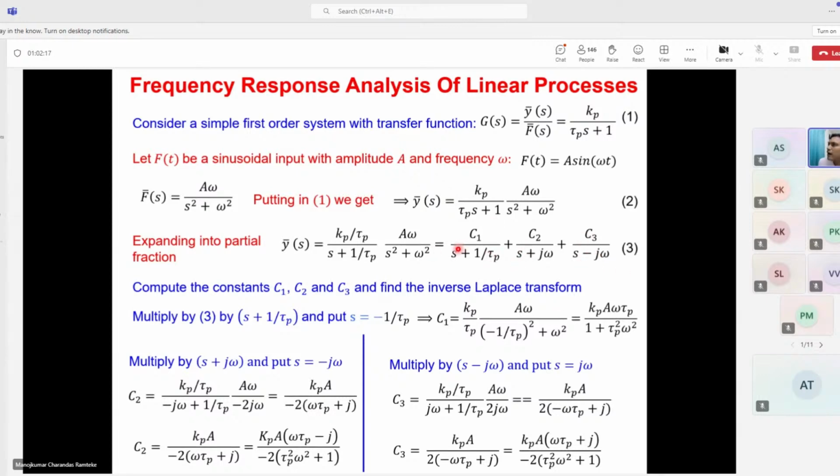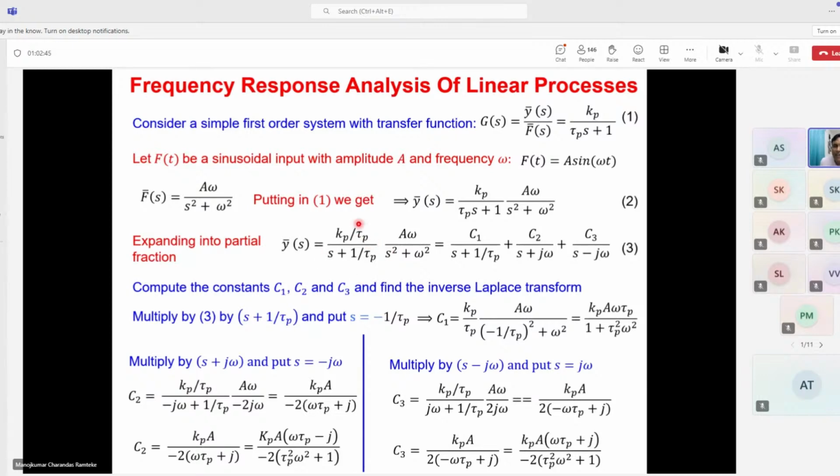And now I am actually finding out these constants c1, c2 and c3. What is the procedure? I have to multiply this entire equation by s plus 1 by tau p and then put s equals to minus 1 by tau p, and that will give me c1. So that's what we have done. We have multiplied this s plus 1 by tau p to both the sides, left hand side and right hand side. With that, what will happen? This s plus 1 by tau p will get cancelled out, isn't it?